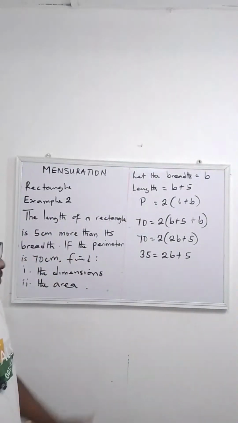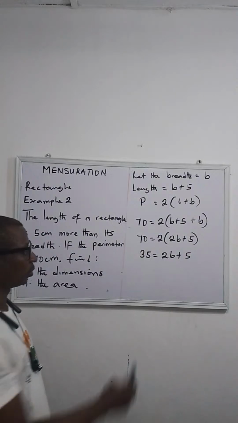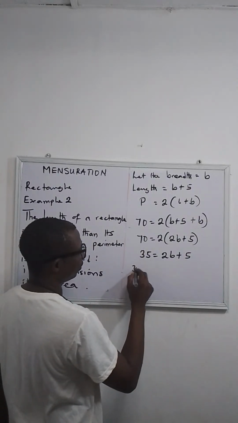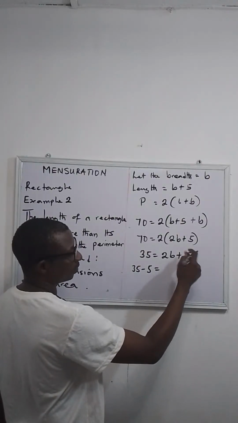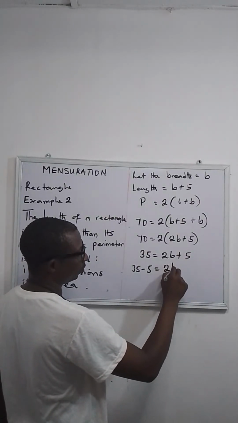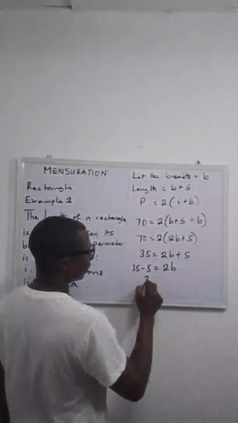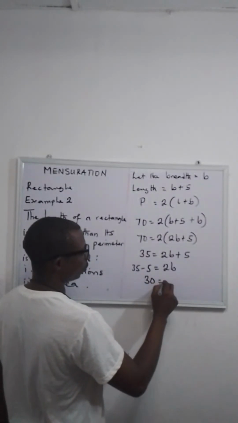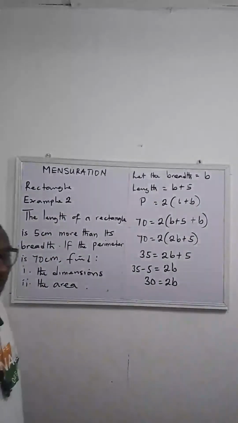Now what do we do next? We subtract 5 from both sides. We have 35 minus 5, and when you subtract 5 from 5, you have 0. So we have 30 equals 2b. So here you divide both sides by 2.